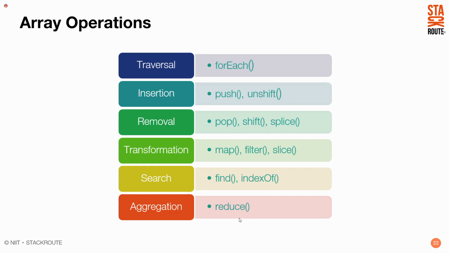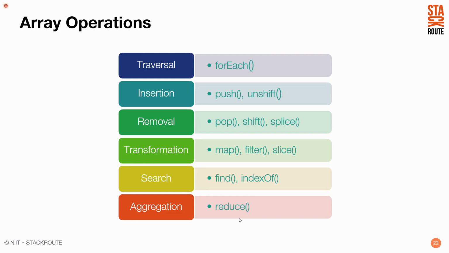Whatever definition or explanation you said, it's fine. So here, if I want to reduce, as the name implies, if I have an array of 10 values, I want to apply an operation and get the result as one single scalar value, I can use the concept of reduce.